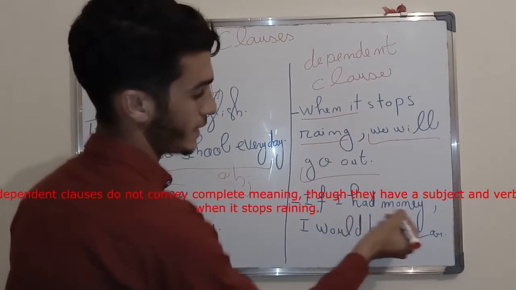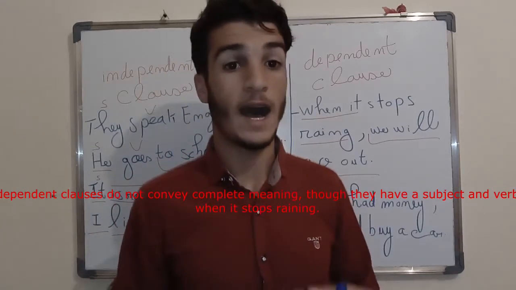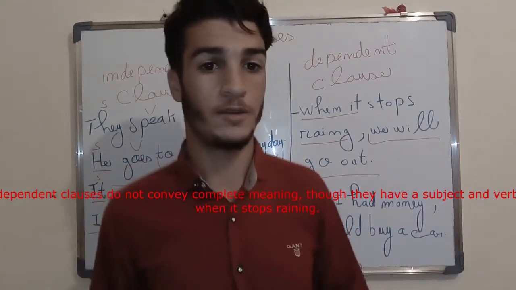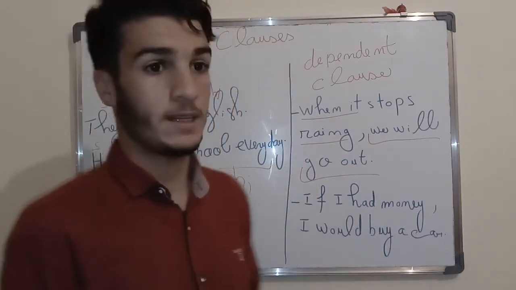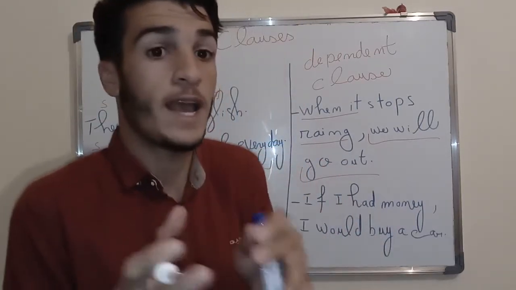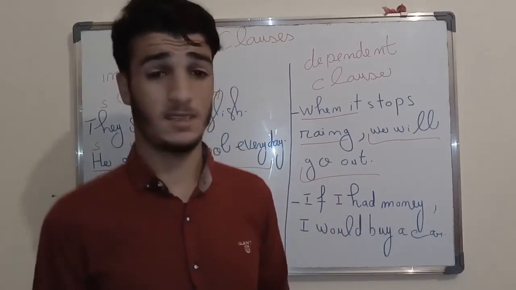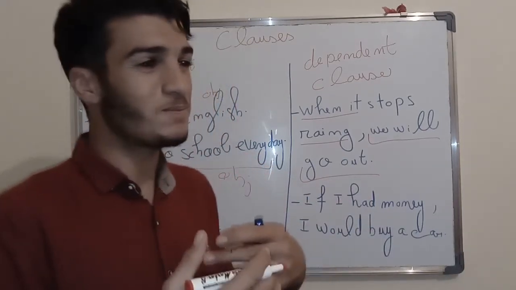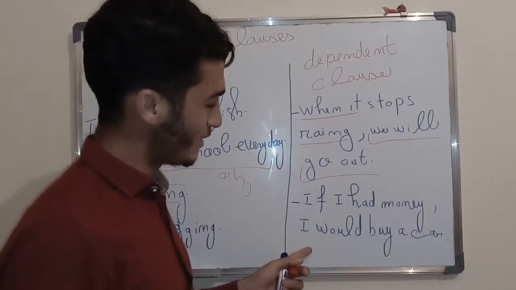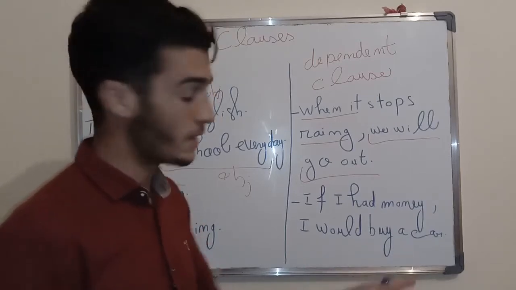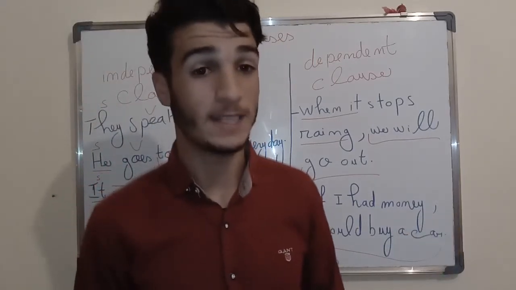If I had money, I would buy a car. That is to say, if I say suddenly, if I had money, and I stop, does it make sense? It doesn't make sense. Why? Because just like that, it doesn't make sense. I would buy a car is an independent clause that really makes sense.